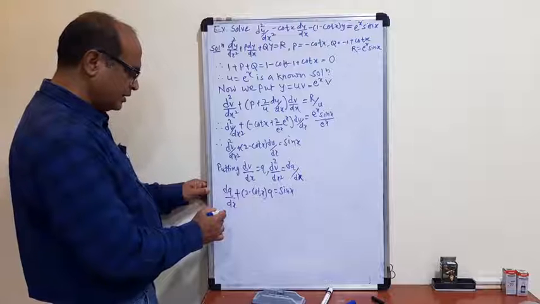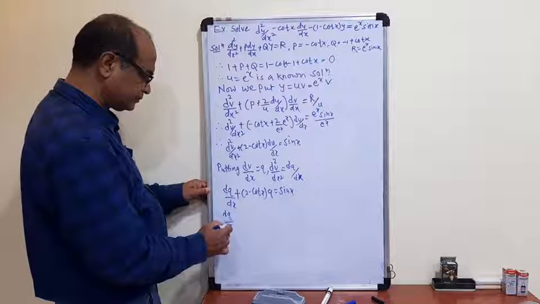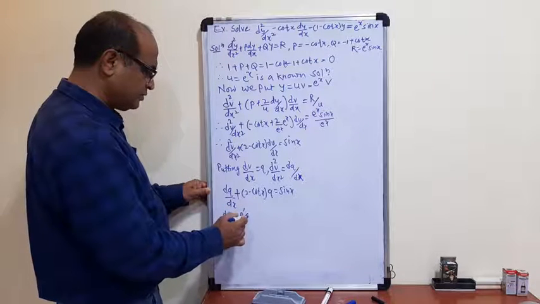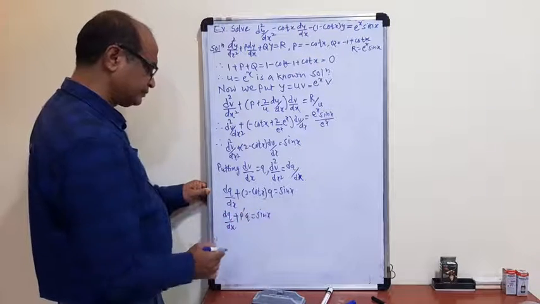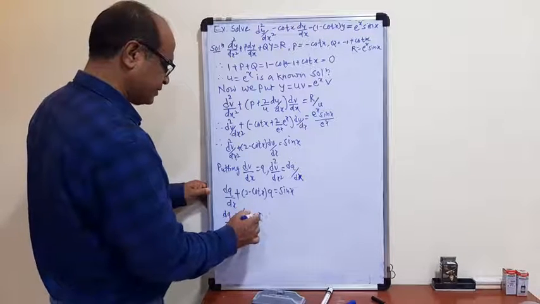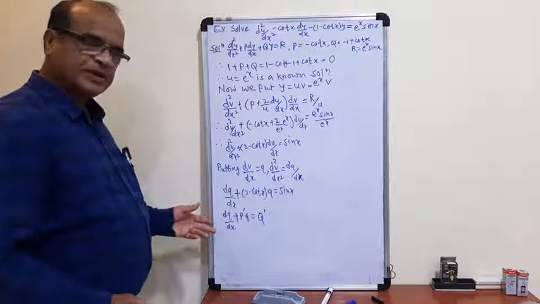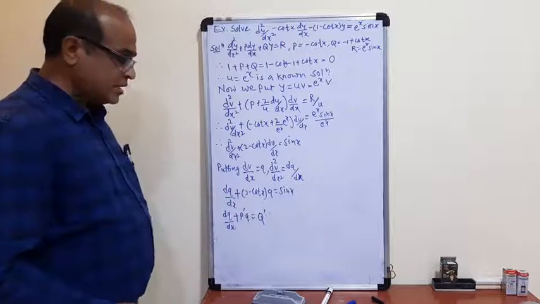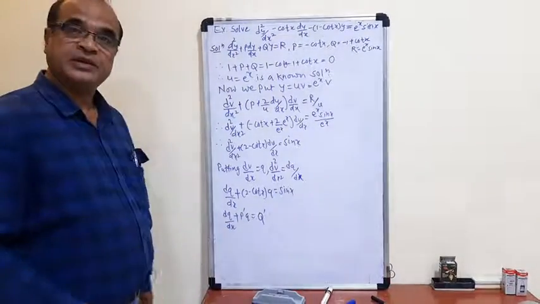We have learned the first order linear differential equation dq by dx plus p dash q equal to q dash. So what is the solution of this first order differential equation?